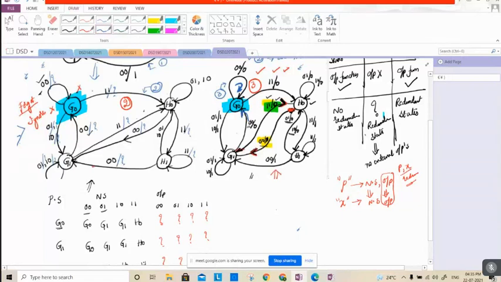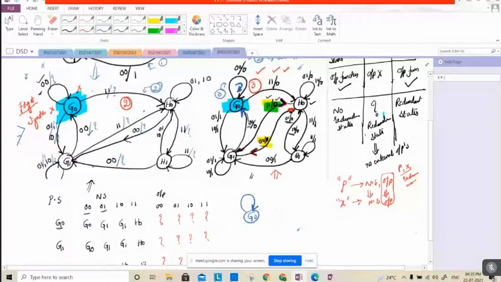Only two lines, or any other lines towards G0? How many lines are coming towards G0? This is one particular line. Two, sir. Only two lines, right? Right, two lines.